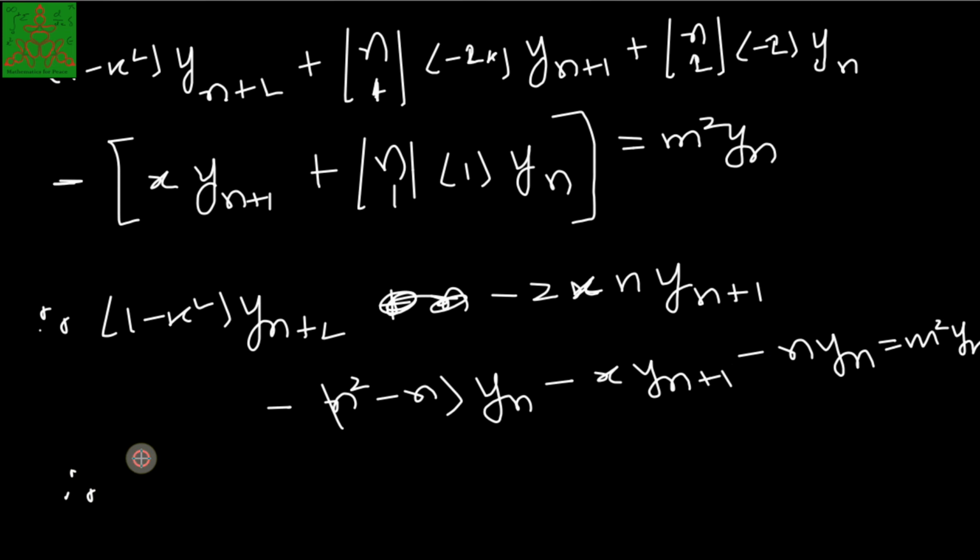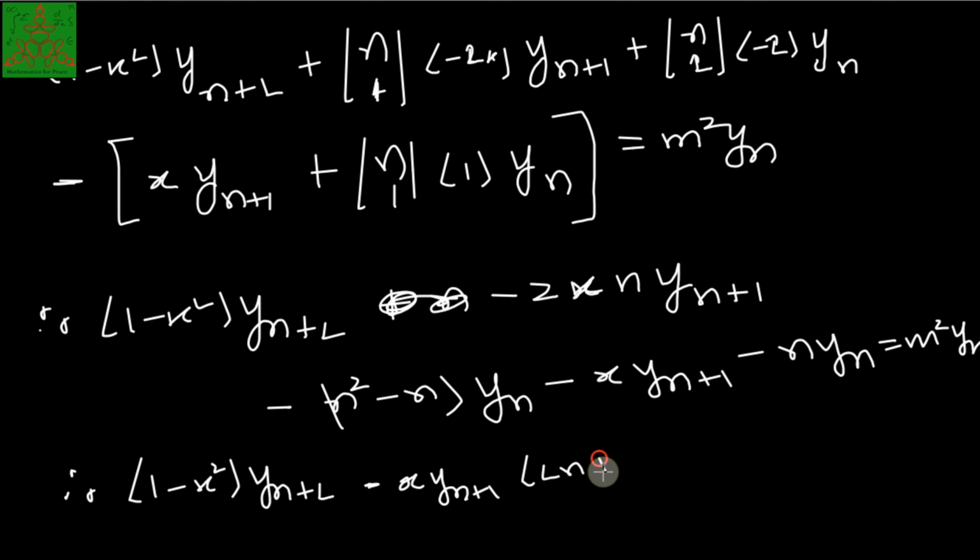So what is left is (1 minus x square) y(n+2). And you just combine these two terms, x is common, so it is minus x y(n+1) into 2n plus 1. And here the n yn terms cancel and you are left with minus n square. And if I take this m square on this side, then it is plus m square yn equal to 0. So this is the quantity that is left.